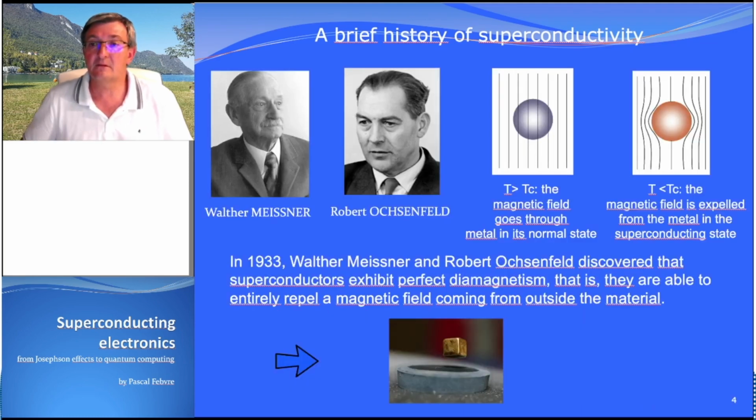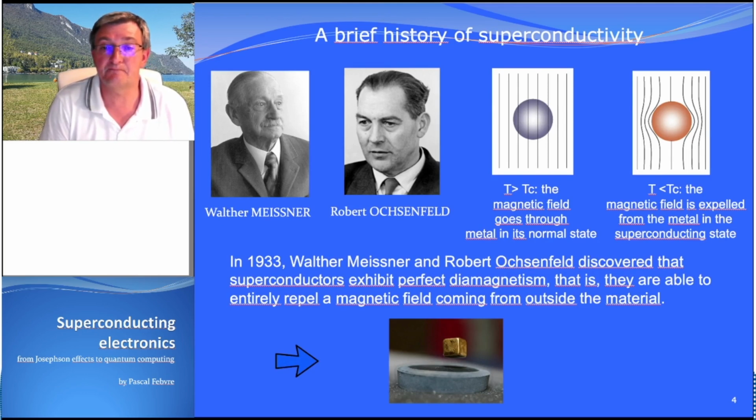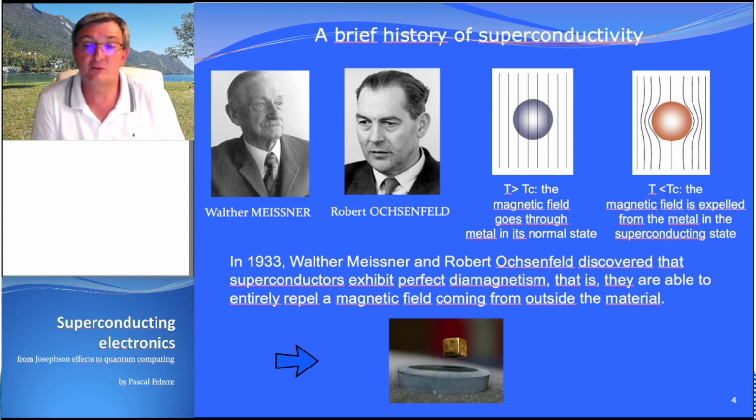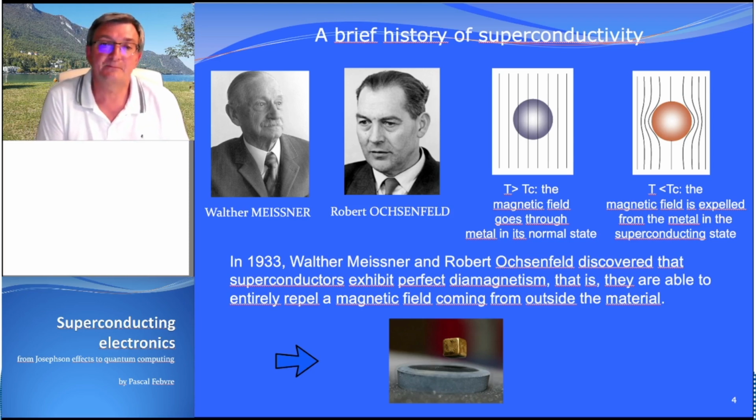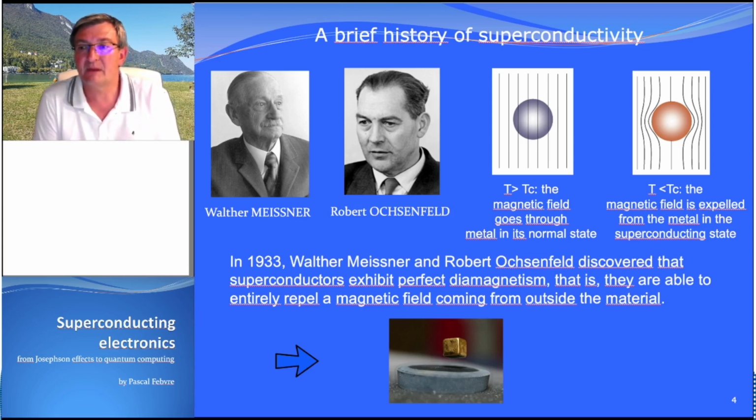A bit later, 20 years later, nearly, other properties have been found on superconductors, and have been shown by Meissner and Ochsenfeld. And they observed that when you apply an external magnetic field on a superconductor material, then as soon as it becomes superconductor below a certain temperature, which we call the critical temperature, the magnetic field is totally expelled from the metal.